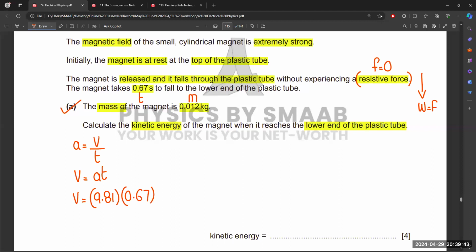So this will be equal to the velocity. Velocity is equal to 0.67 multiplied by 9.81, 6.5 meters per second.